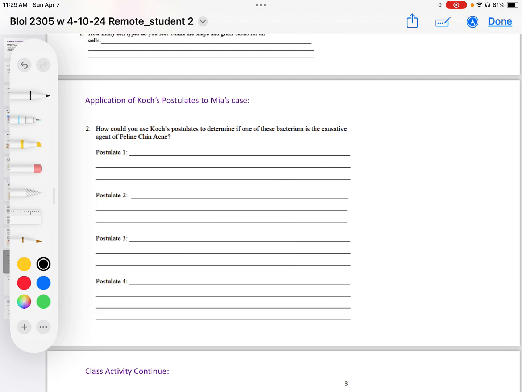Make sure you're adding the details of which microbe you expect to see, which method you would use to get a pure culture, and what type of procedure you need to do to test that to make sure you have the same thing.